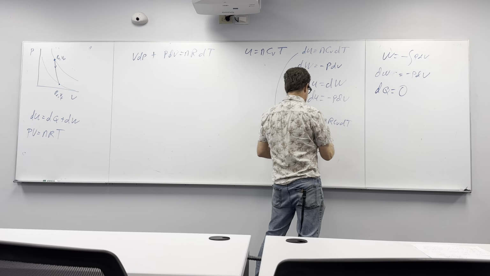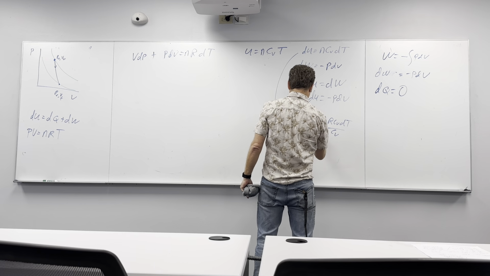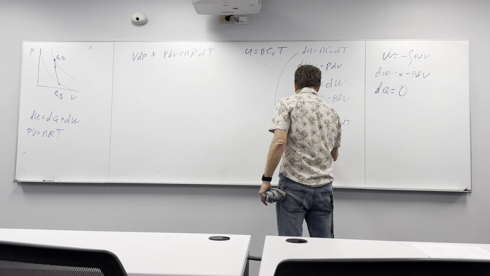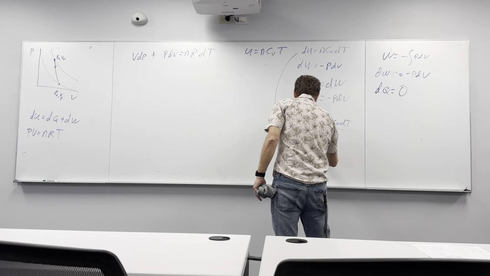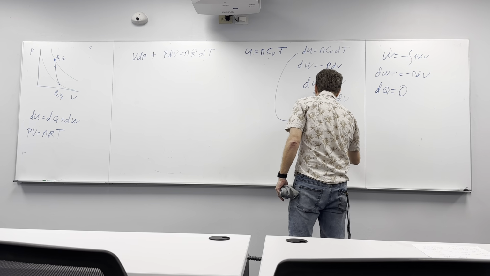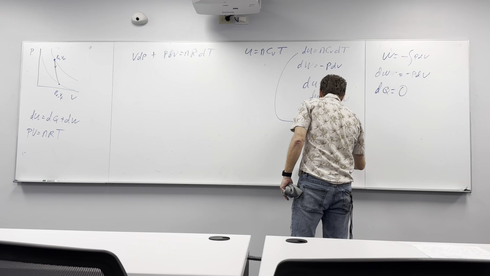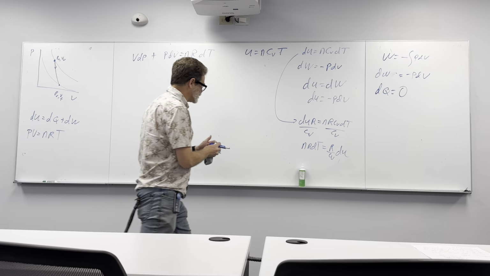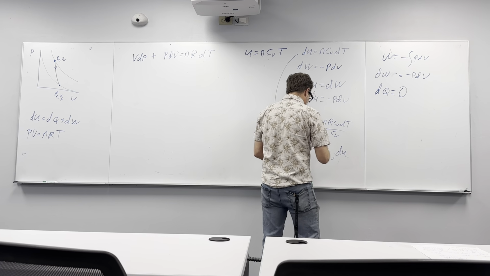And then I divide by CV. So I can write that nR dT is equal to R over CV times dU. Right, you guys follow that?